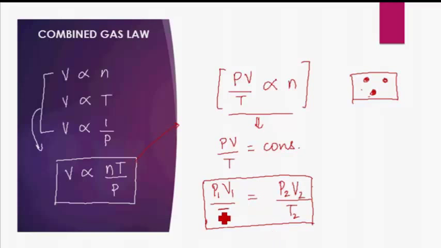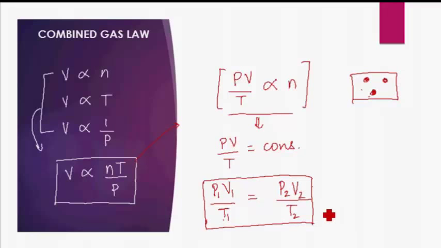So if you know any five of the six variables over here, okay, there are six variables, P1 V1 T1, and then another three variables on the right hand side. So if we know any five of them, then we can determine the sixth variable using this equation. Okay, so that is it about the combined gas law.